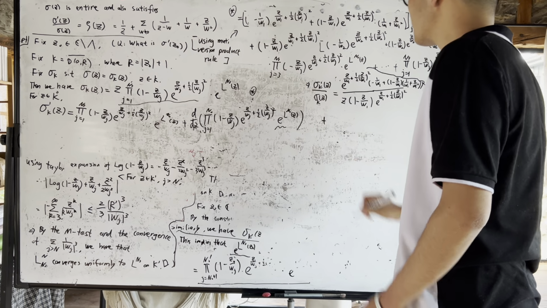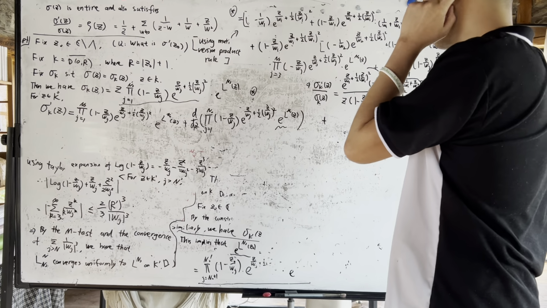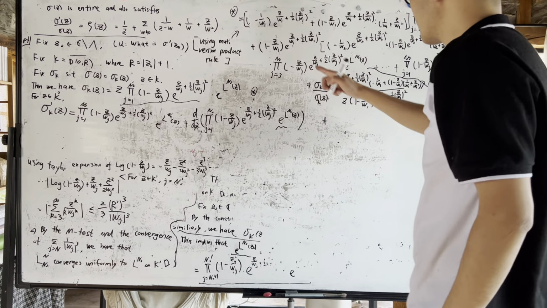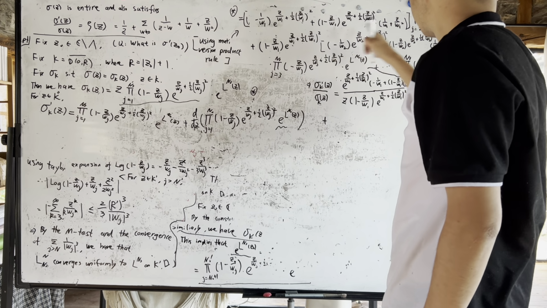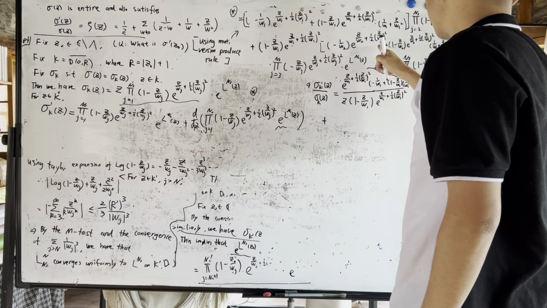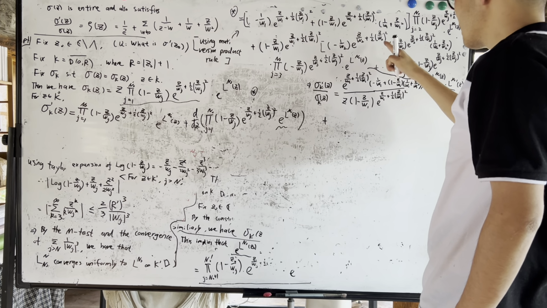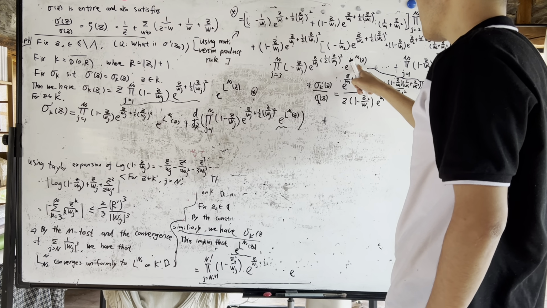Let's see the second one. For the second one, the first product is kept, and then the second product is being differentiated. The third product and until the end is also being kept.